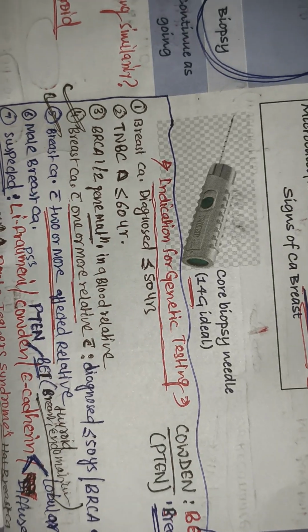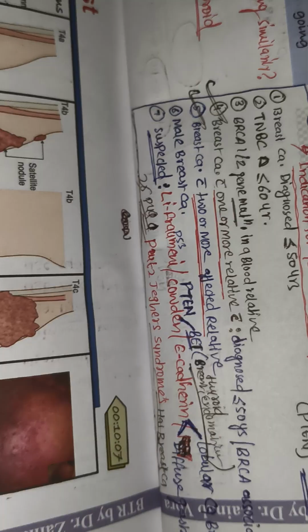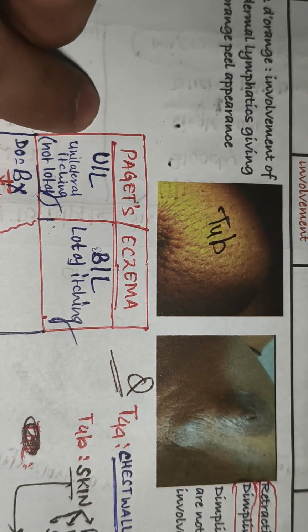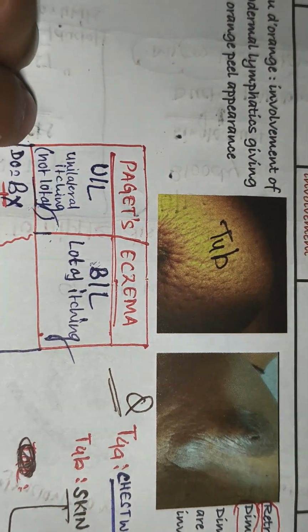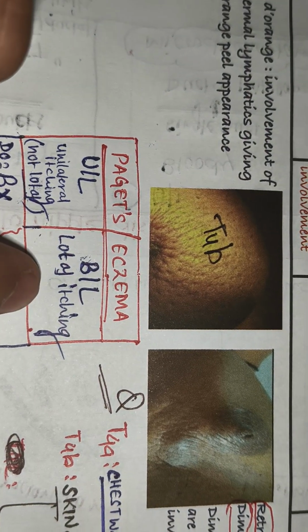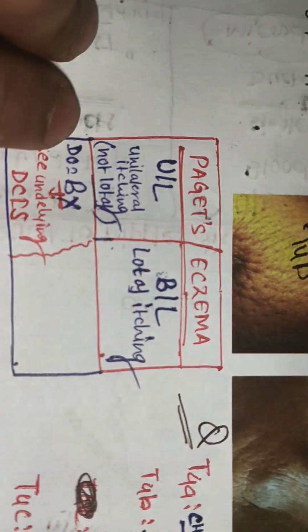For core biopsy, a 14 gauge needle is ideal. And in Paget's and eczema, Paget's is unilateral and eczema is bilateral. In eczema, lots of itching is seen, but not in Paget's.